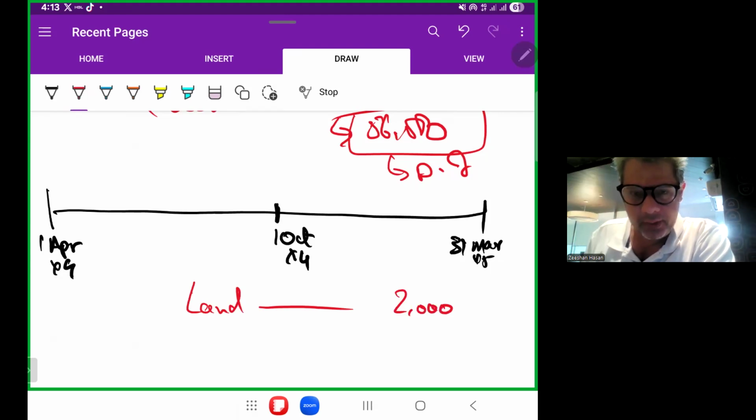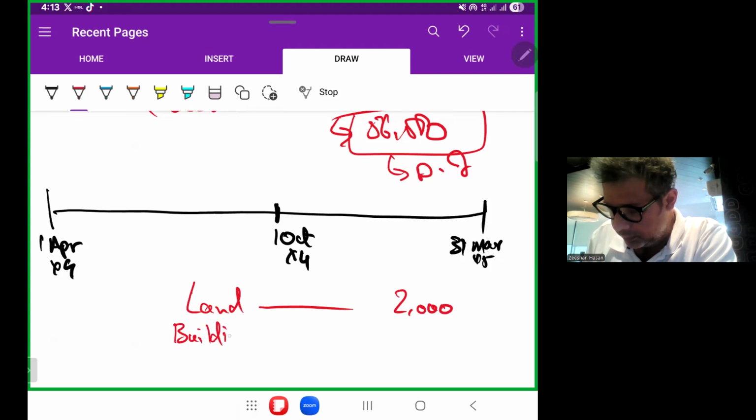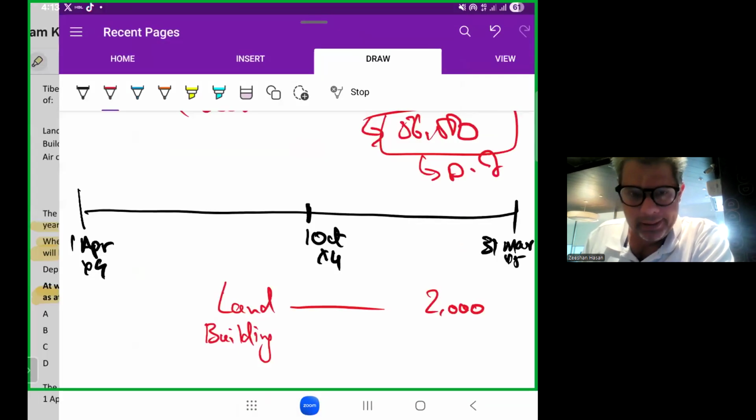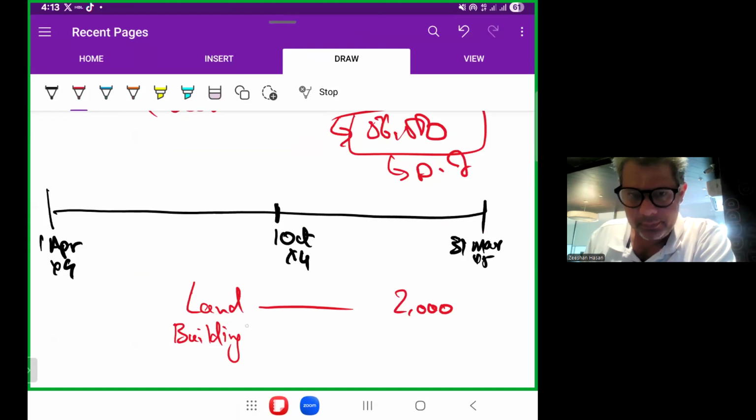And building structure, 10,000 divided by 25,000 years into 6 divided by 12.